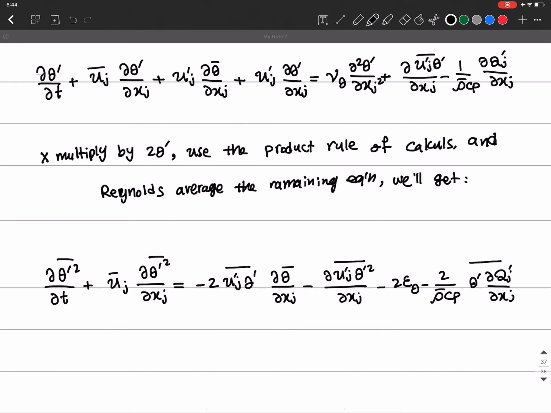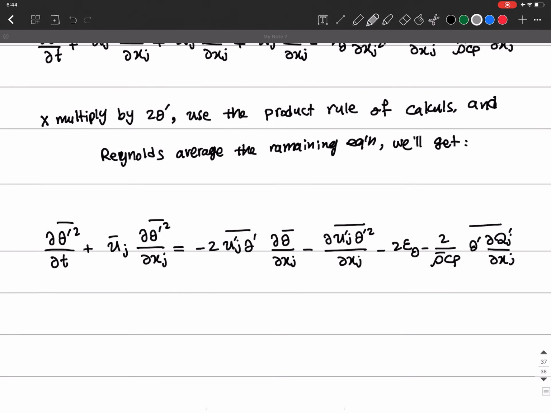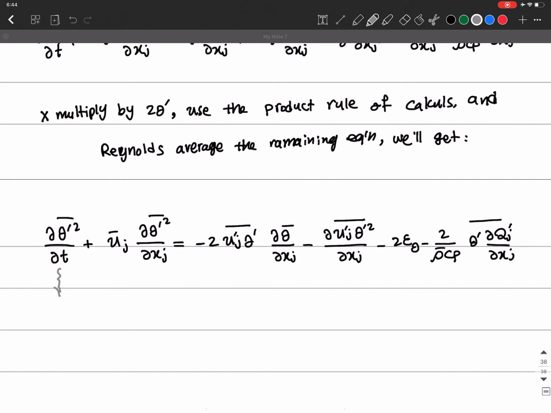And let's look at actually what each of these terms mean. So the first term is the local storage of temperature variance.